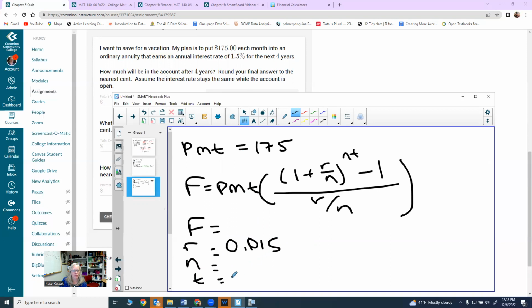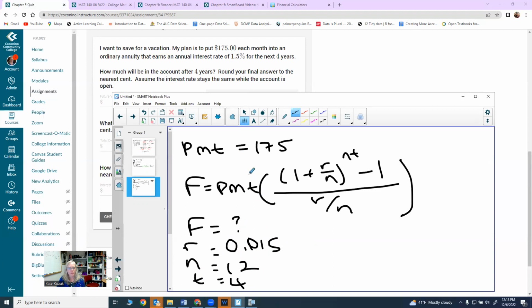I'm doing it for the next 4 years, so my time is 4, and I'm putting it away monthly, so my N is 12. And I want to know how much will I have in the account after 4 years. So I want to know that future value.